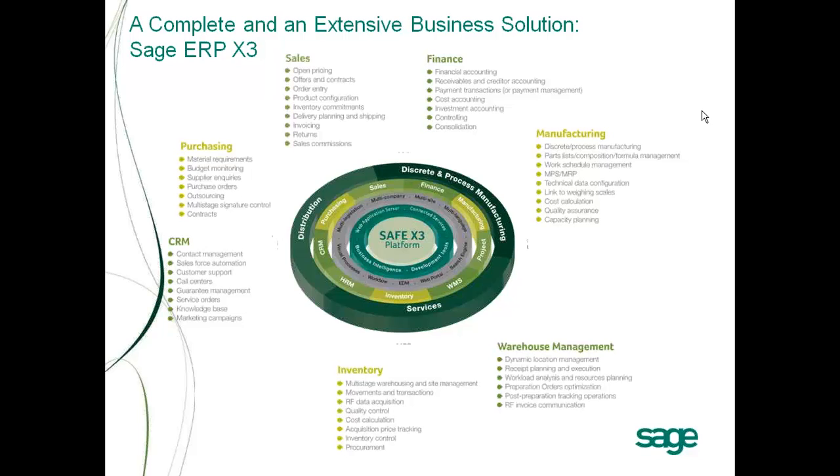When we're talking about manufacturing, what are we looking at? We're very strong in discrete and process manufacturing. For those who maybe don't know the difference between discrete and process, if you're manufacturing a product that you bend, cut, weld, paint, and assemble, that's discrete.